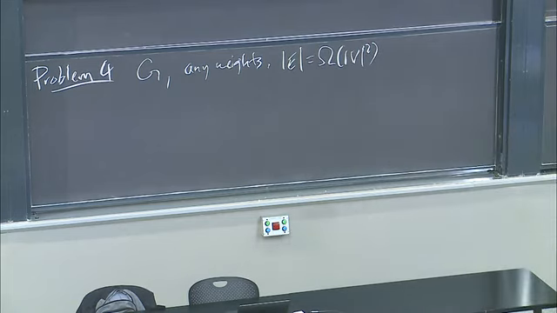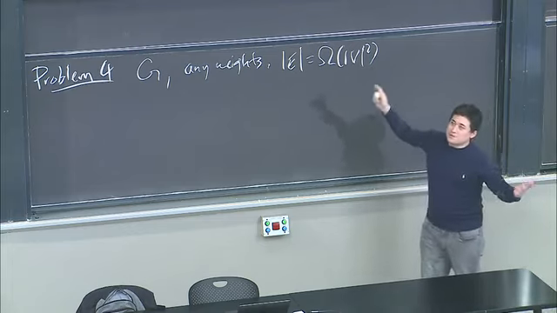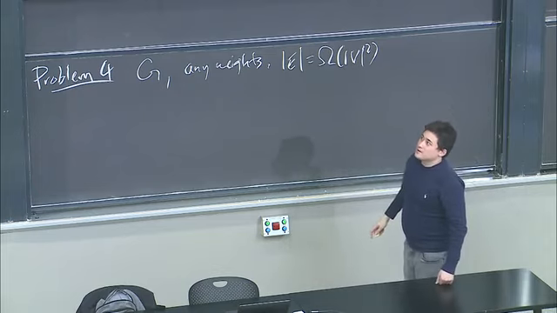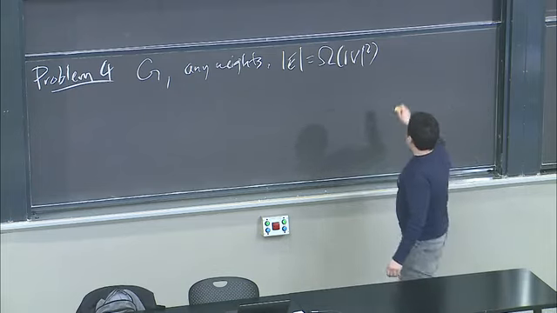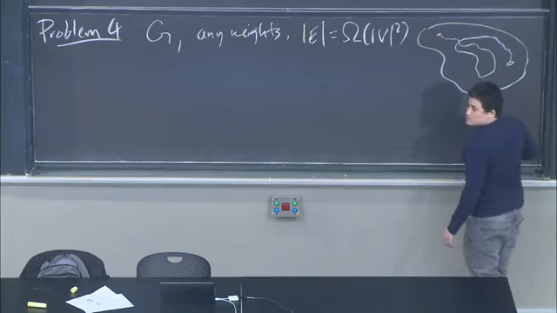And the worst thing I could have, since my graphs are simple, is that this be quadratic in the number of vertices, say if it's the complete graph. That's the maximum number of edges that I could have. And I'm trying to find in my graph a path that uses a lot of vertices, but has small weight.